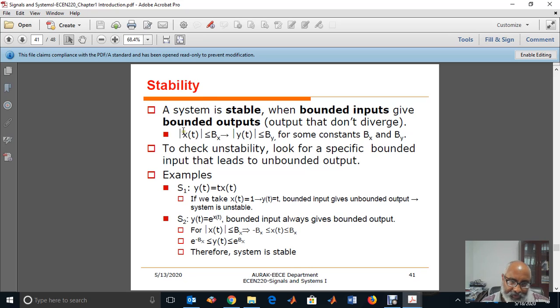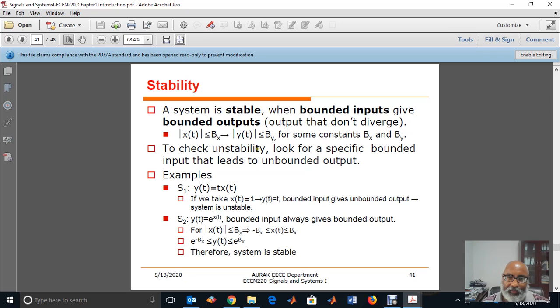Mathematically, if the absolute value of x of t is less than or equal to a certain constant Bx, then the absolute value of y of t should be less than or equal to By. So whenever I give bounded input, I should get bounded output.